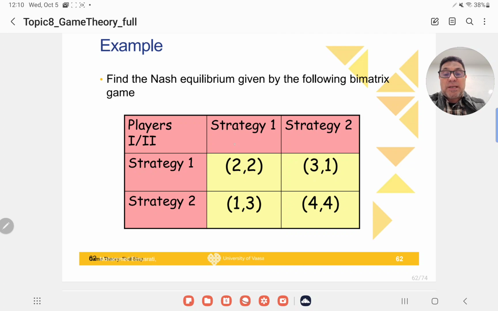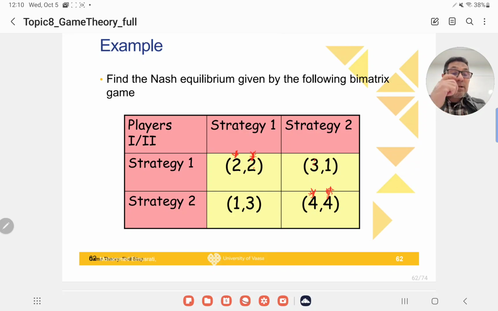Which one is bigger? 2 is bigger, so let me put a star here. 3 and 4, which one is better? 4 is better, so they will play this one. Now for player 2, should they play 2 or 1? Of course, 2 is better, so they play 2. And now 3 or 4? 4 is better, so they will play 4.